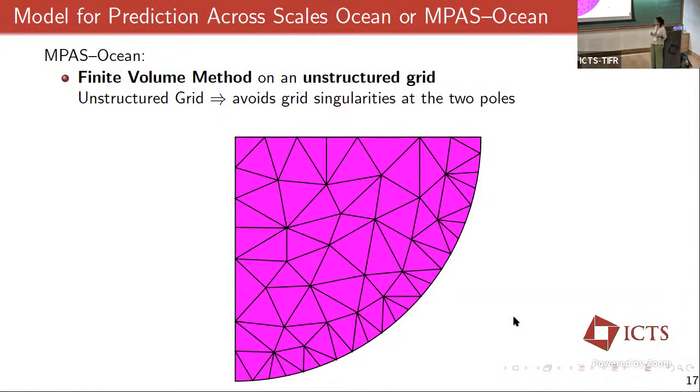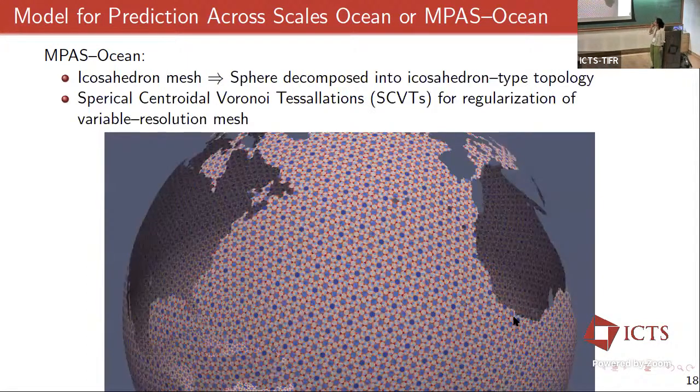I don't know the details of the proof, but these Voronoi tessellations divide the space into connected regions. This is more applied mathematics, but you can avoid the singularity at the pole. So what we did is we decomposed the sphere into an icosahedron. An icosahedron is a polyhedron which has 20 faces.